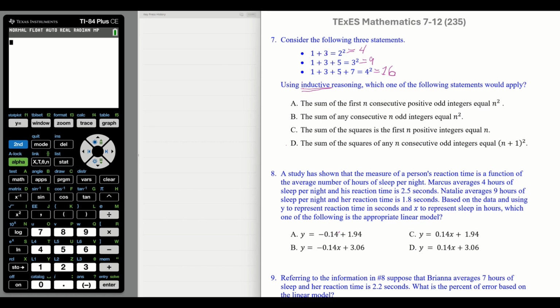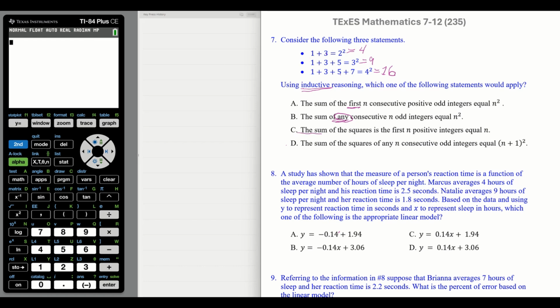Okay, what's going on with n? The sum of any. Right here where it says any, that's clues me off. And this one says first, this one says any. Wait a minute, let's see. The any consecutive odd integers is n squared. Then C, the sum of the squares of the first.